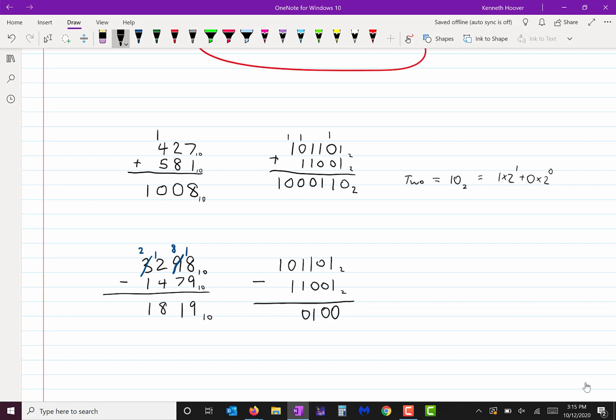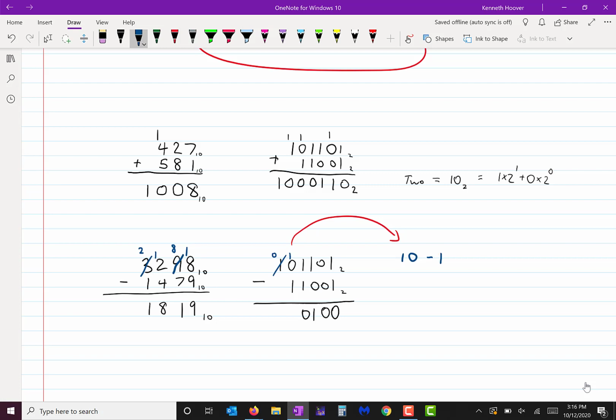Fifth column, 0 minus 1 I can't do, so I have to borrow. So we drop that one down to a 0, and I borrow the 1 and take it there. Okay, now you just have to be really careful here. That now says 1, 0 minus 1, right? Let me write that down.